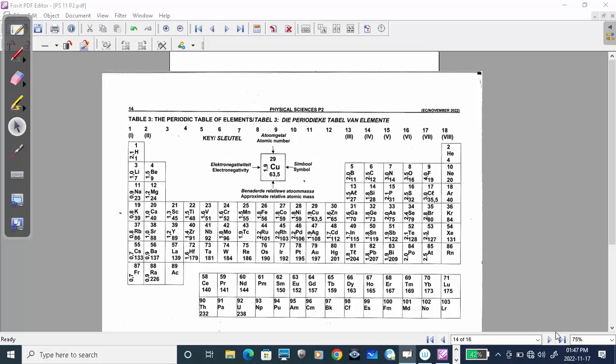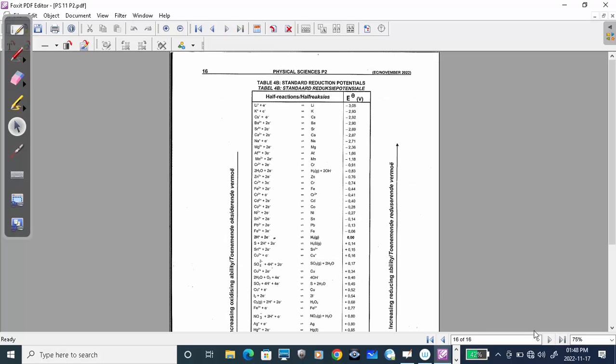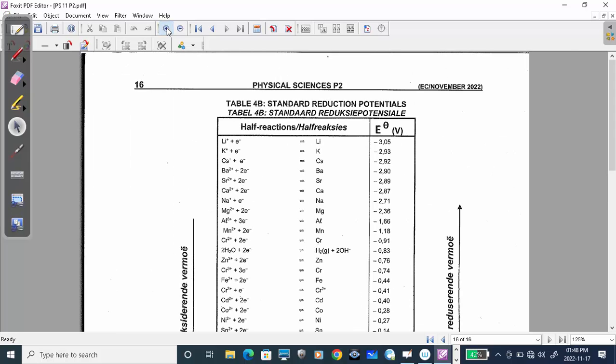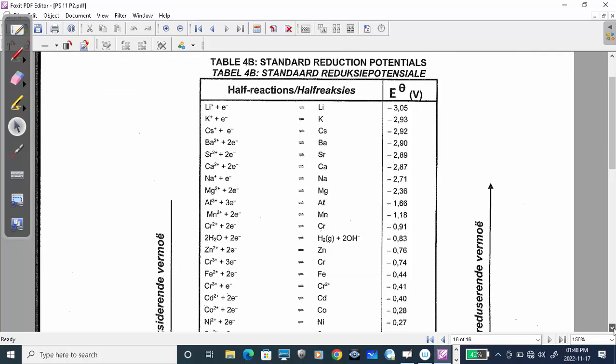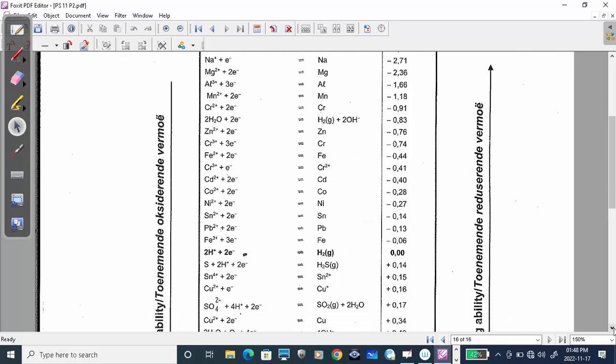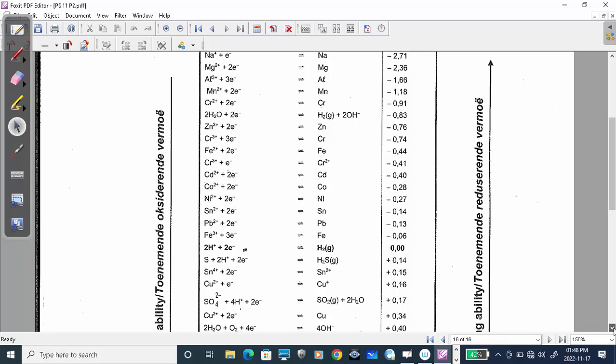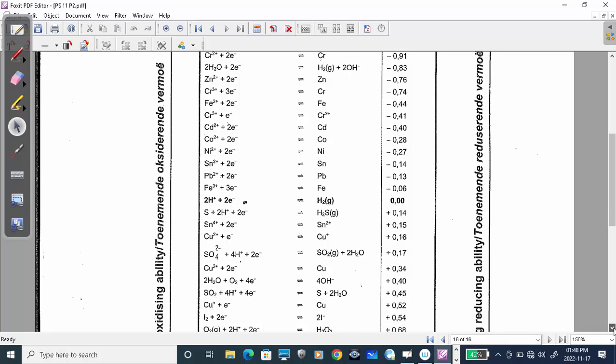Now if I check here again on my table 4b, this is my table 4b here, guys. I need where dichromate is reduced to chromium 3 ions. If I check properly here, where is it? Anybody who sees it? Dichromate to give me chromium 3 ions.